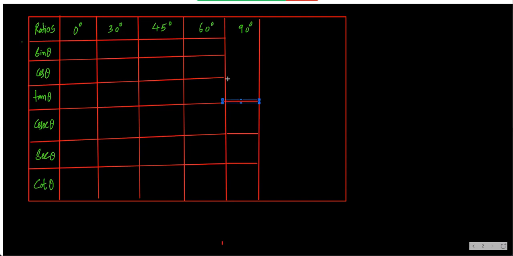This trigonometric table will definitely help you to find out the trigonometric value.